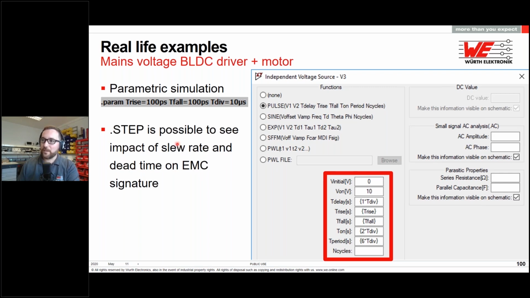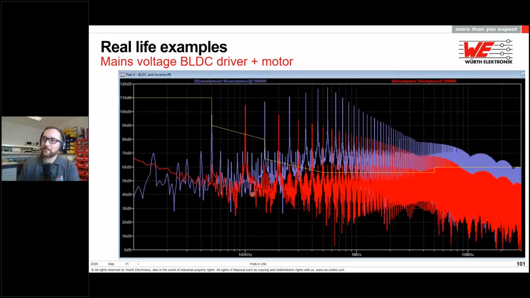Here it's also a way to show that we can use a lot of parameters to have the simulation automated and to find the sweet spot for the operation of the device. And here you can see we've got differential and common mode, including into the low frequency range, the kind of typical thing that we get in EMC brushless design, BLDC design.